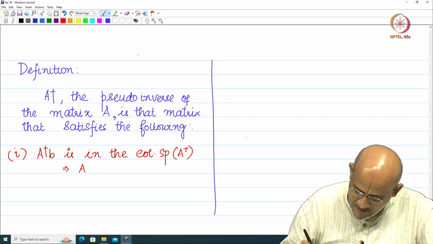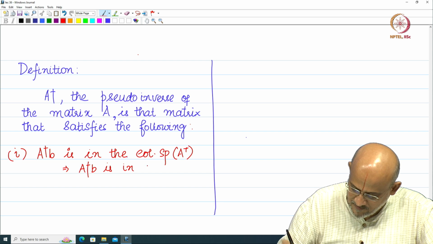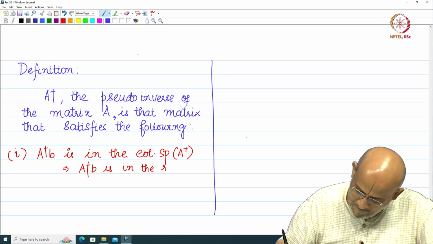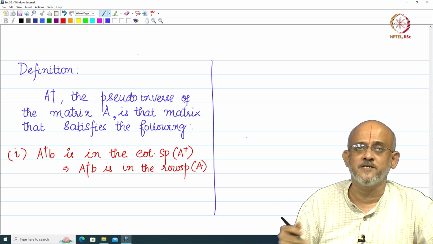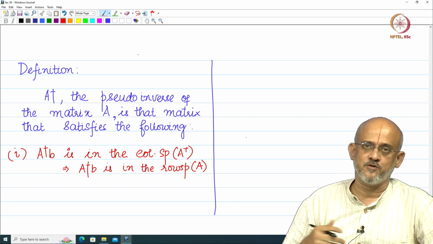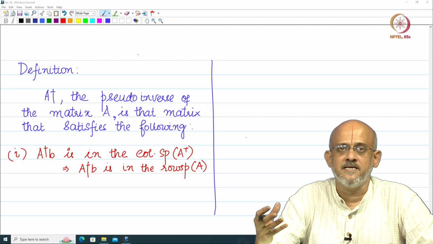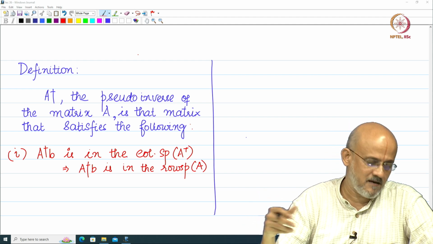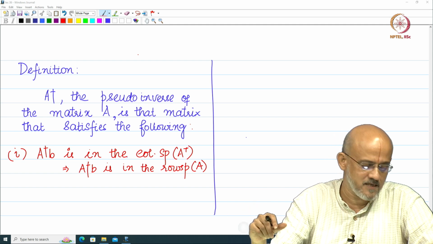Basically, A dagger B is in the row space of A. If you remember, the row space of A is the column space of A transpose, because the rows of the matrix A become the columns of the matrix A transpose.